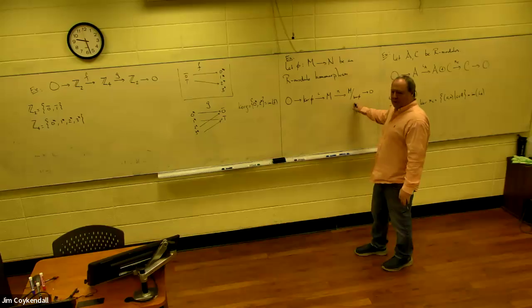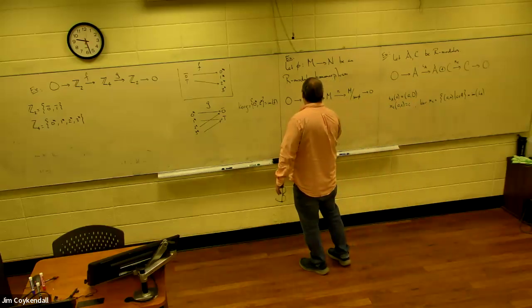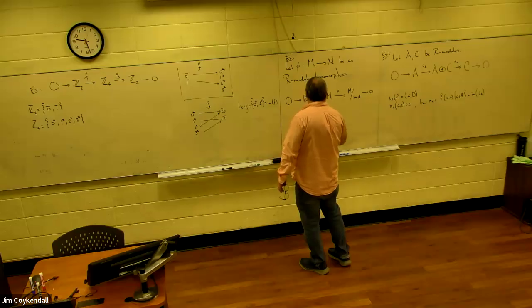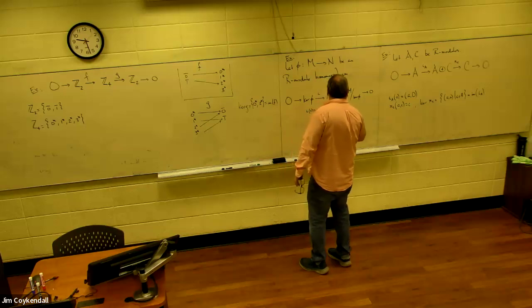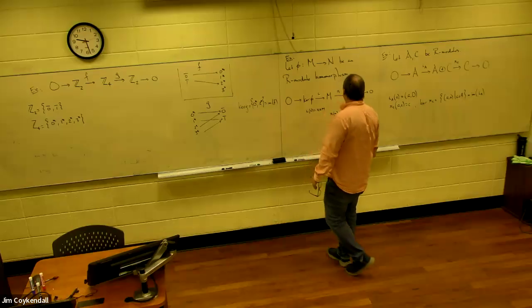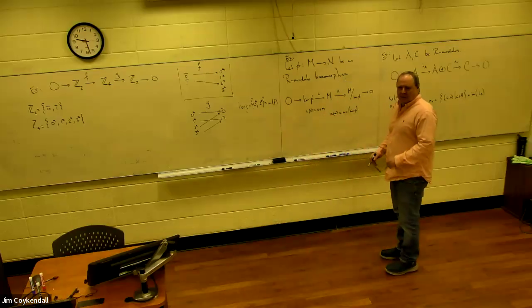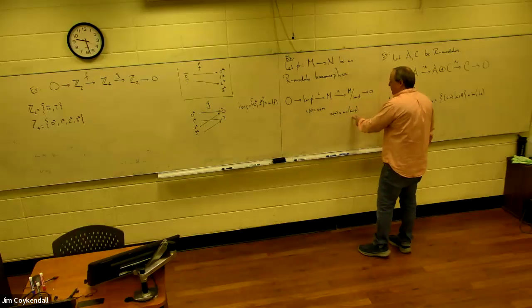This is onto, because this is i of x equals x in M, and pi of m equals this coset. This is set up to be a short exact sequence. This is one-to-one. This is clearly onto, right?